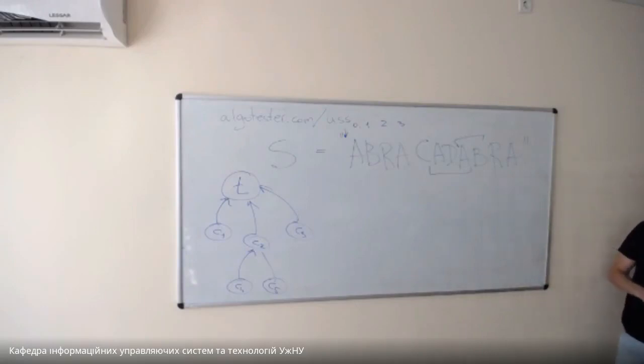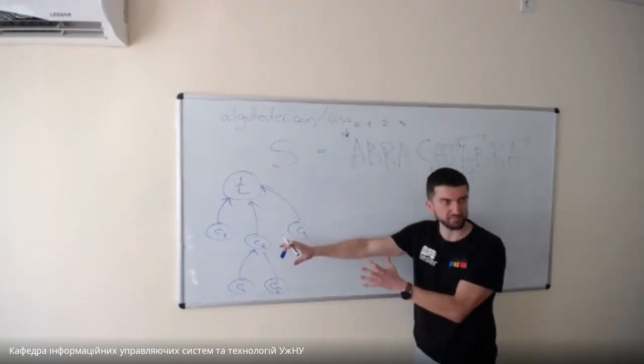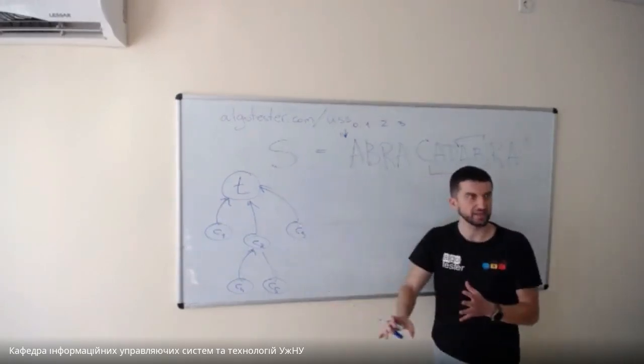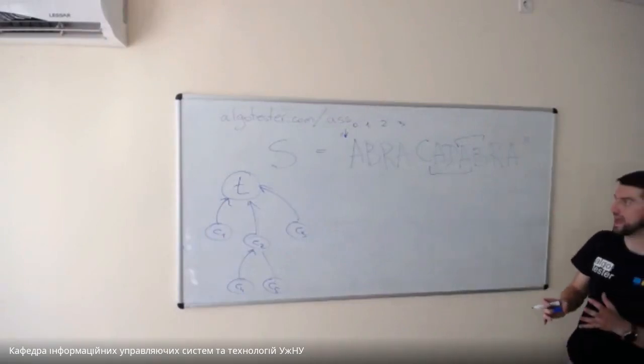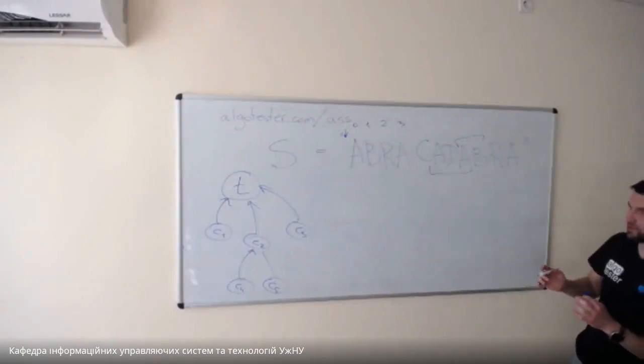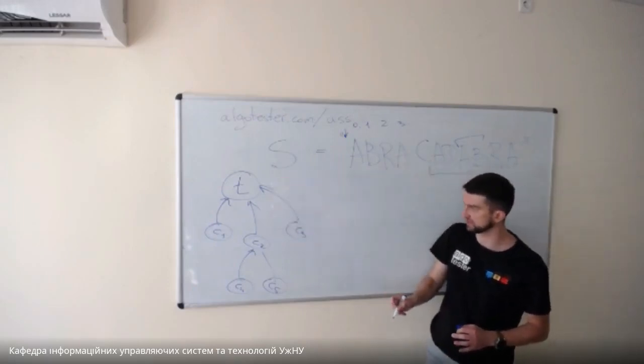Okay, so it turns out that the number of classes of equivalence, the number of these groups, is actually linear. And so is the number of transitions. Here we only see suffix links.